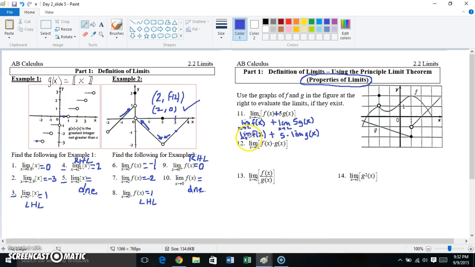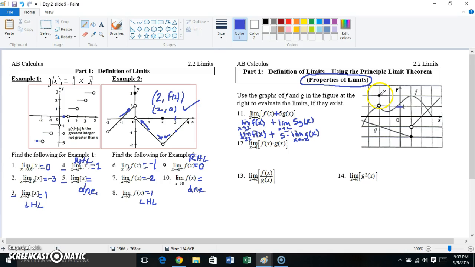So what is the limit of f of x as x approaches 2? f of x is this roller coaster looking function here. Oh, I apologize. That's as x approaches negative 2. Okay, so as x approaches negative 2, my y value approaches positive 1.